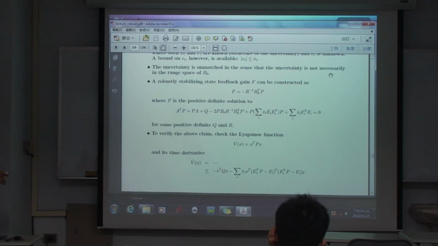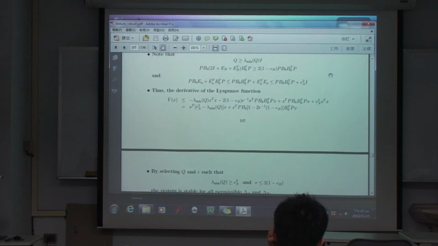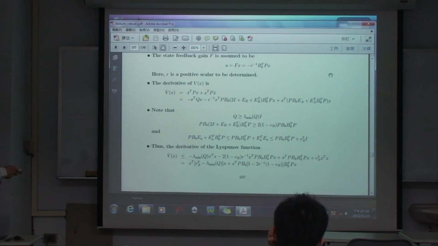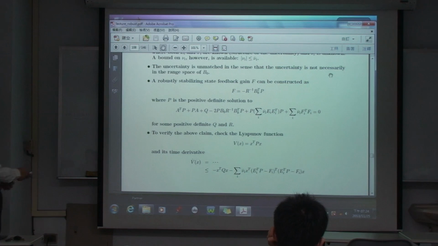So what's the difference between this equation and the previous equation? In the previous equation, you will see we also have P and P here. Okay. But somehow through this arrangement, we could separate that one. But here, unfortunately, we cannot do a similar trick.